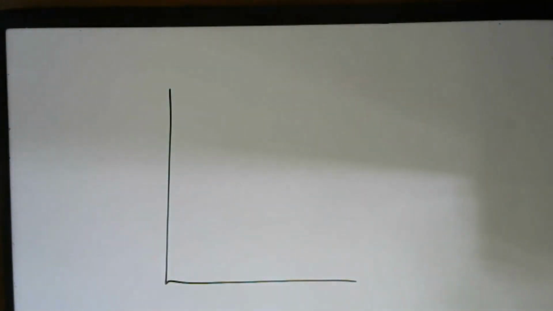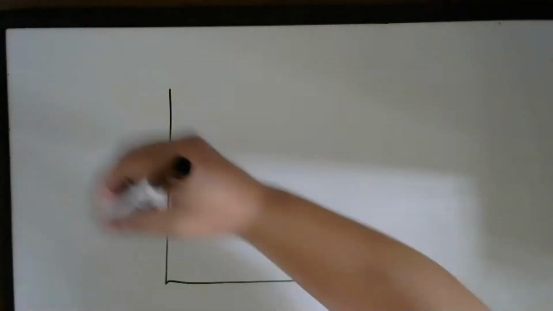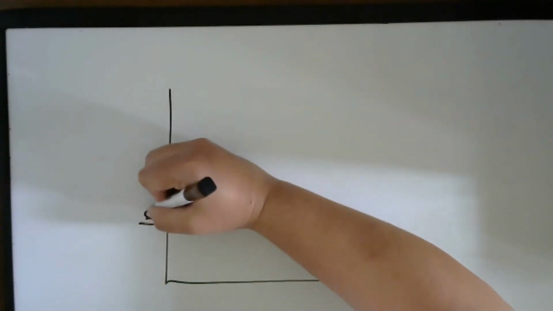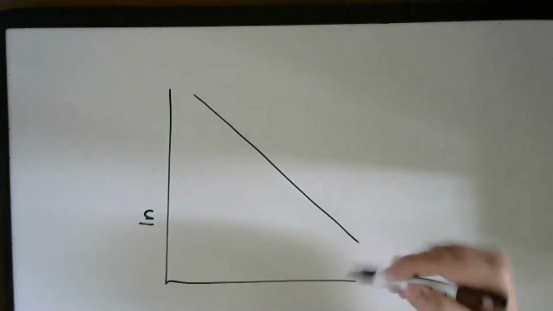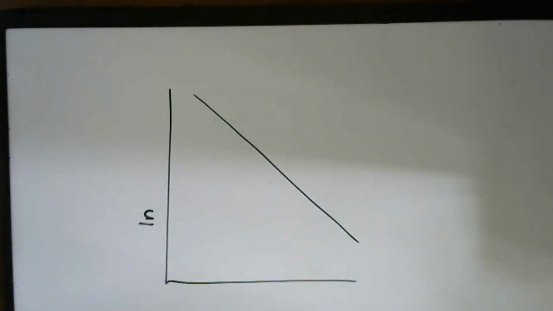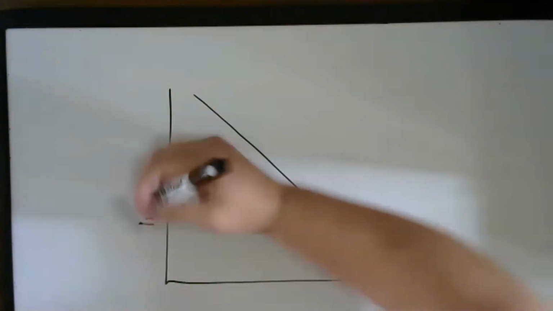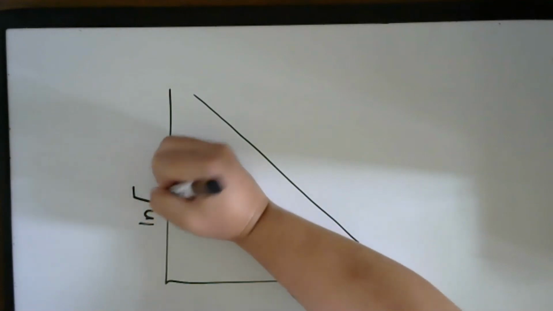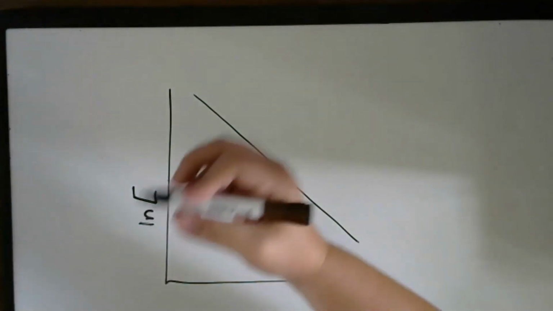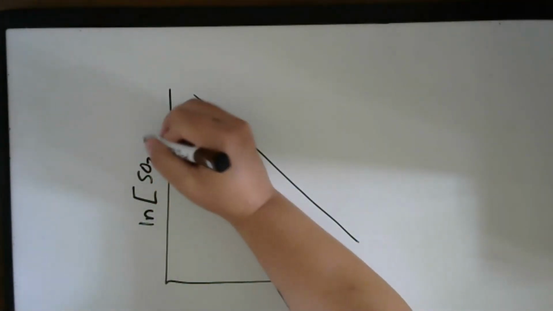Because these axes change depending on the order of reaction you're looking at. So for a first order reaction, we're going to get our straight line when the y-axis is the ln of SO2Cl2 in this case.